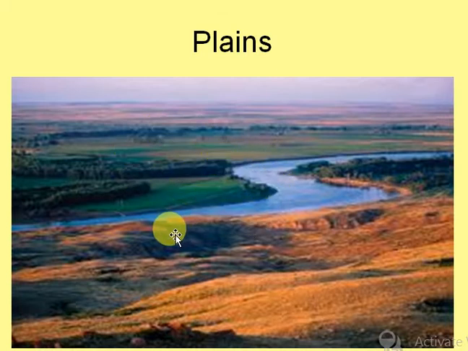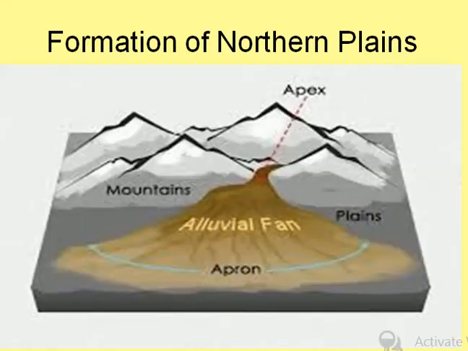So let us now discuss how these plains have been formed. Look at the picture, formation of the northern plains. See the mountainous areas. Now keep watching this picture carefully.